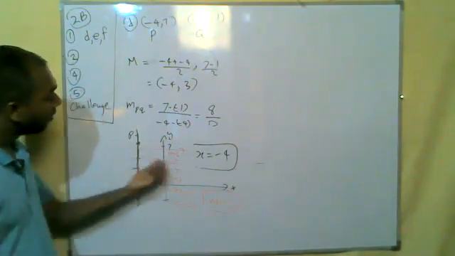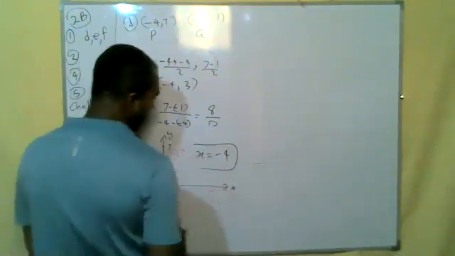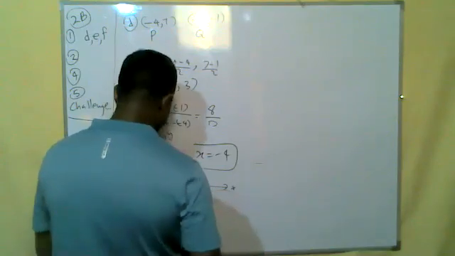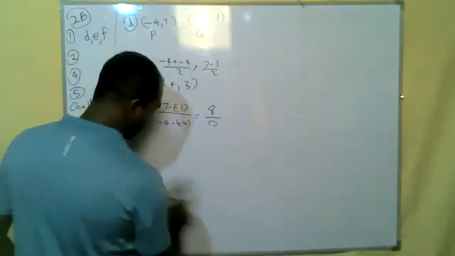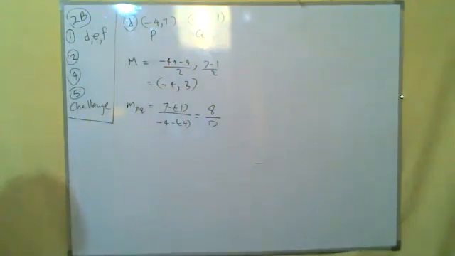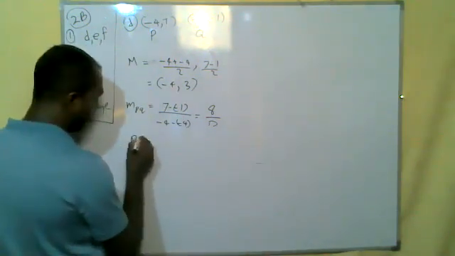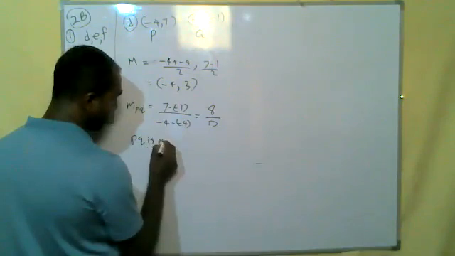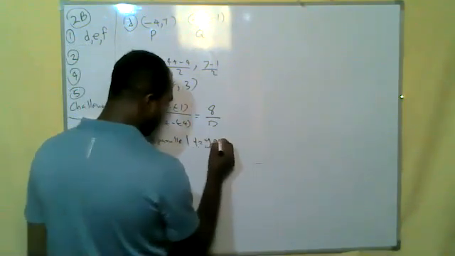So now in this situation, what can we write here? From this point onwards, we can write: PQ is parallel to the y-axis.